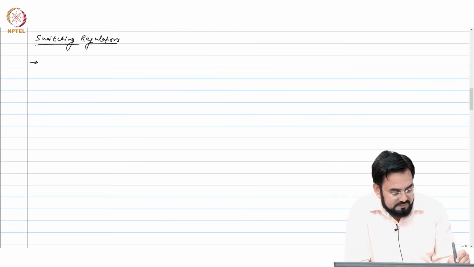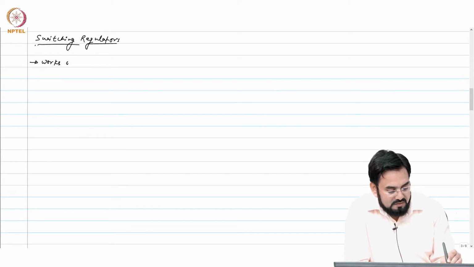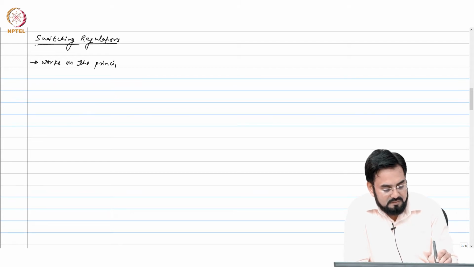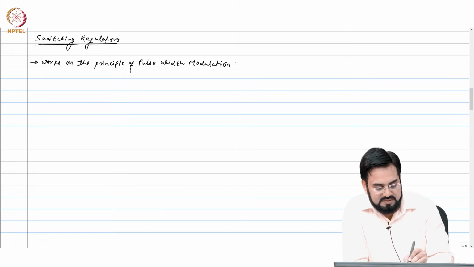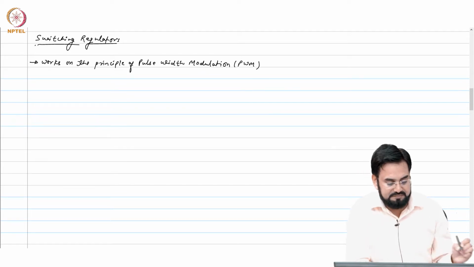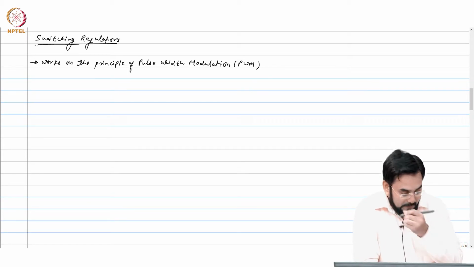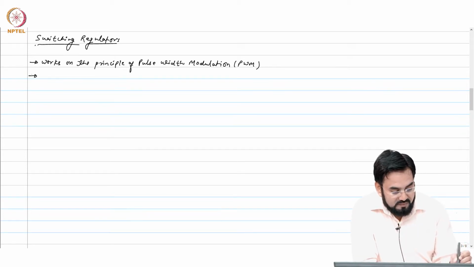So it works on the principle of pulse width modulation or PWM. And this we already looked at, that it offers higher efficiency.